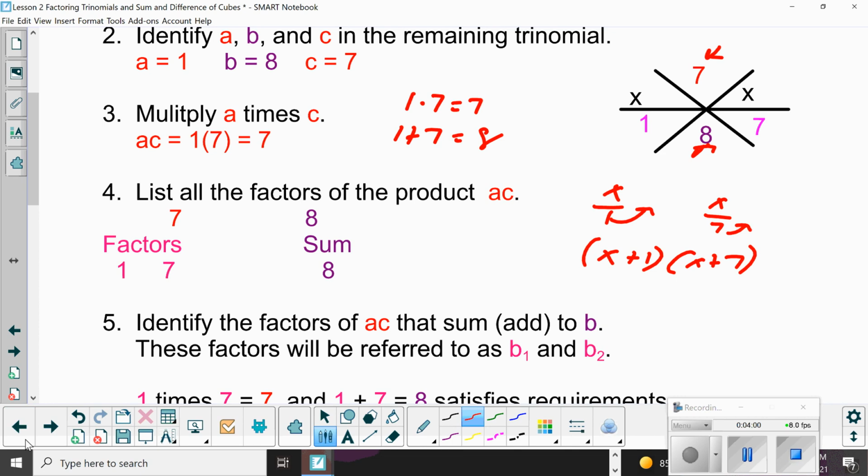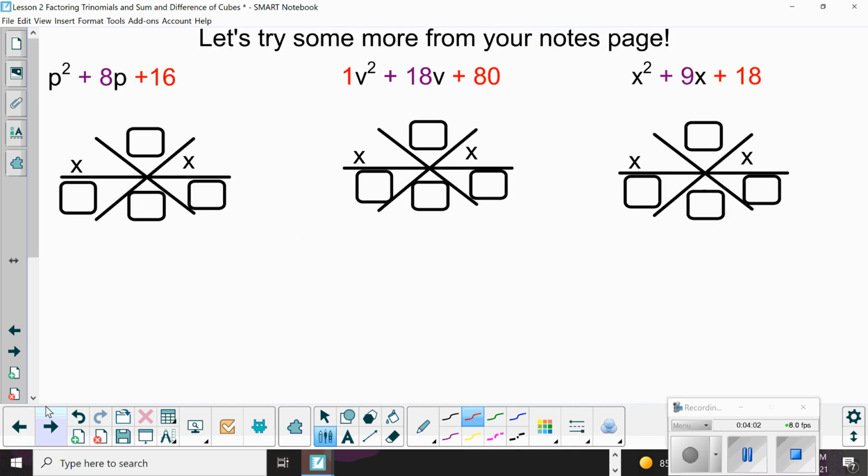Let's try several more. It pretty much solidifies it when you start trying them. I'm going to try a couple of these, and then I'm going to let you try this last one. So first, I know AX is just P, so we can go back and make it P, so that it will make a lot more sense.